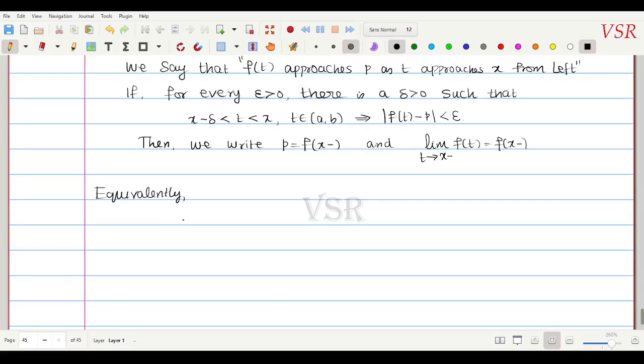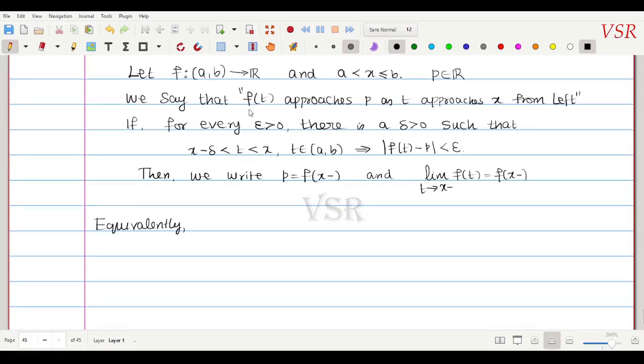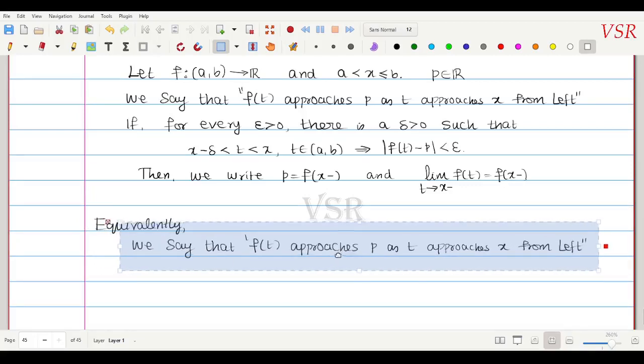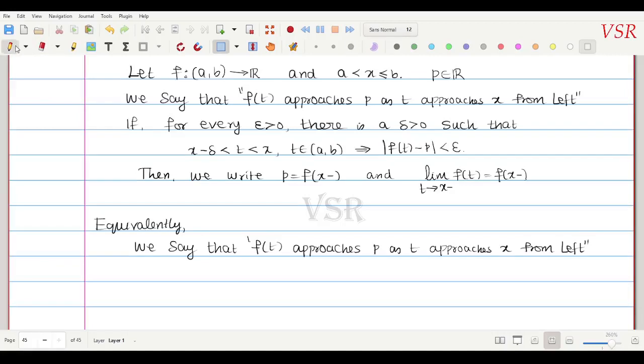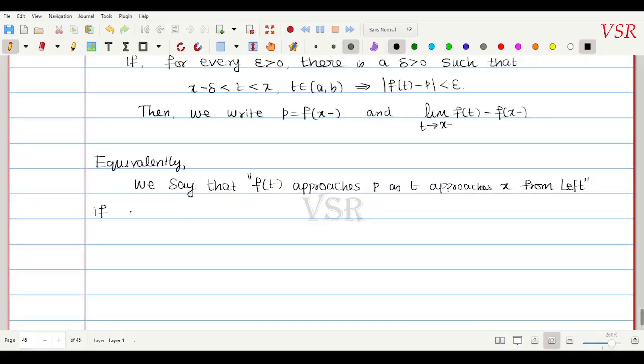We say that, இதே கதை தான். We say that f of t approaches p as t approaches x from left if f of tn converges to p whenever tn is a sequence in the open interval a comma x such that tn converges to x.